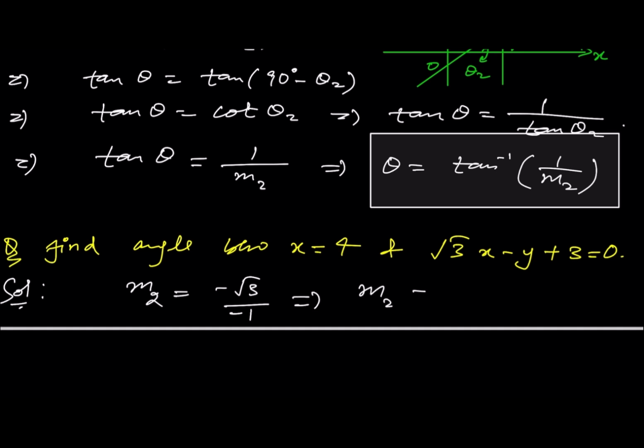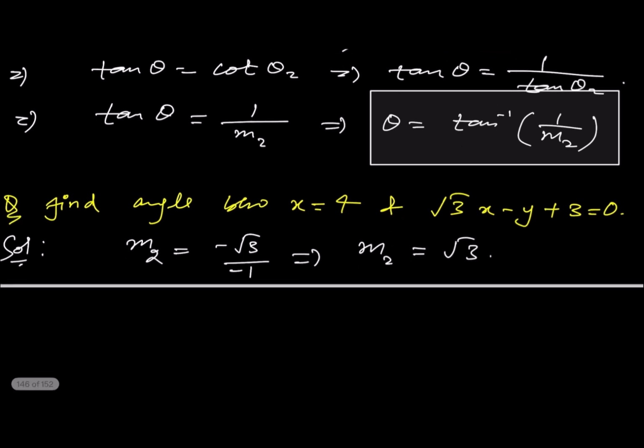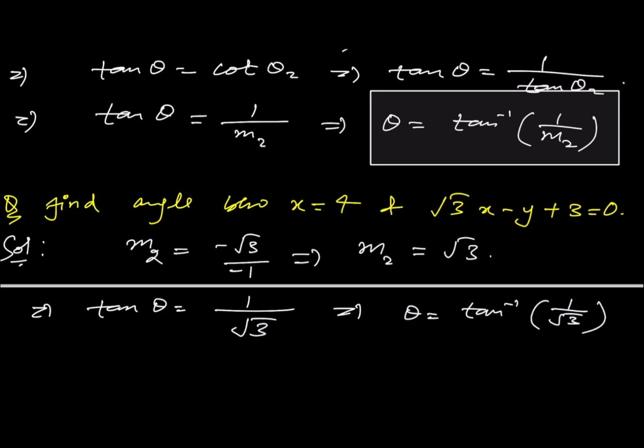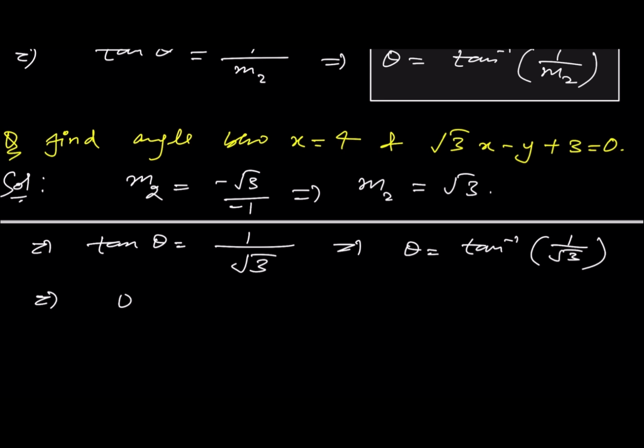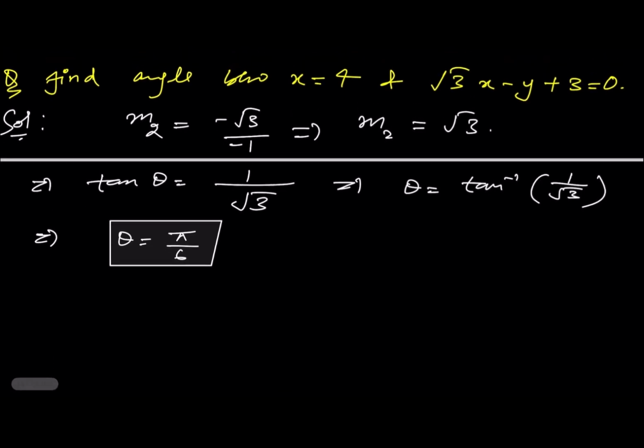So m2 is root 3, right? So tan theta will be 1 by m2, or 1 by root 3. So theta will be tan inverse of 1 by root 3, or I can say theta is equal to pi by 6. So directly, no need to use the formula for angle between two lines. This can be directly written.